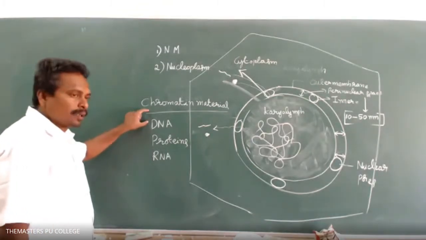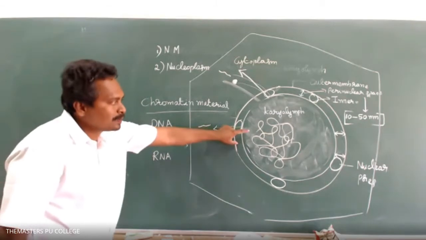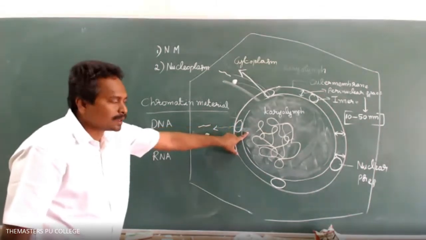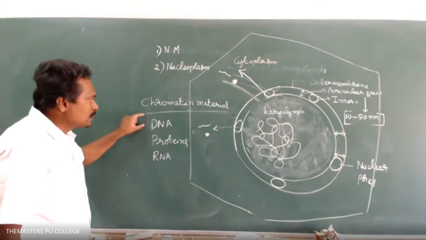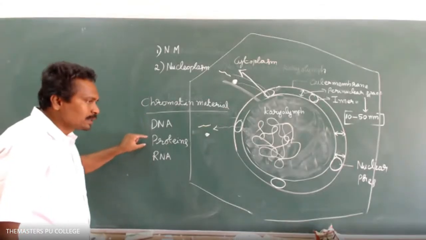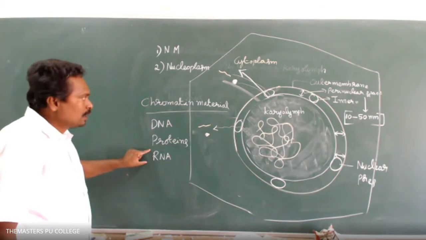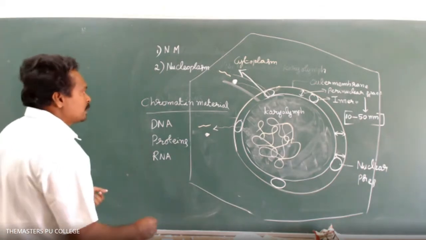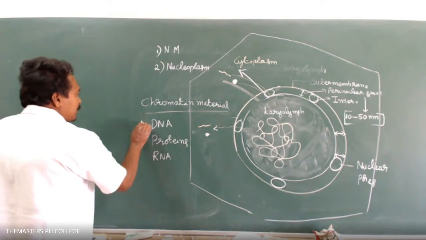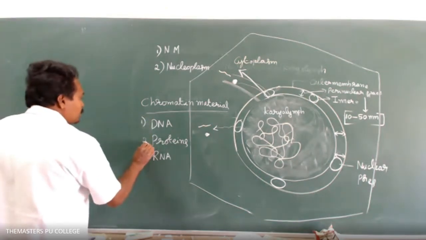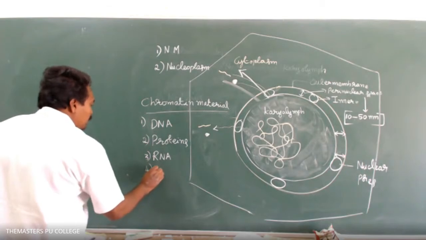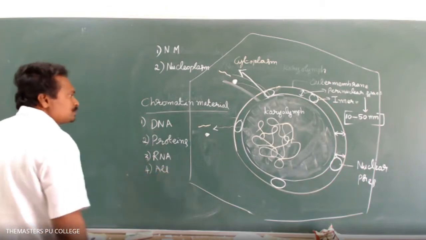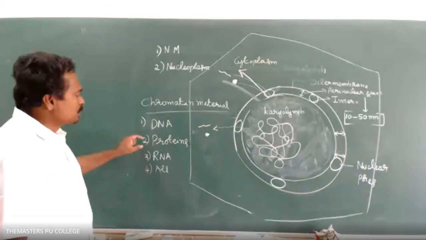Chromatin material consists of option 1, DNA, option 2, proteins, option 3, RNA, option 4, all of them. What is the answer? Option 4, all of the above. Very good, option 4 is the correct answer.